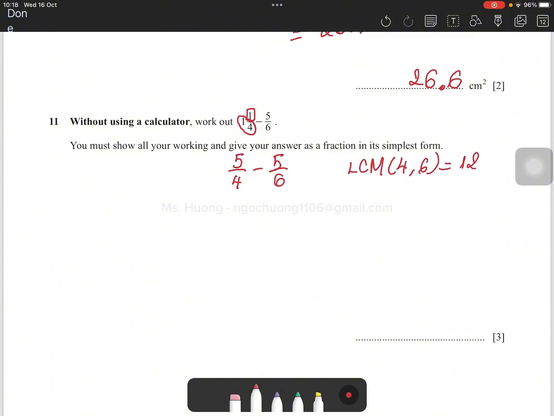So we use this as a common denominator. 4 times 3 equals 12. So 5 times 3 equals 15. And 6 times 2 is 12. So 5 times 2 is 10. Now 15 minus 10 equals 5. 5 over 12. So this is the final answer.